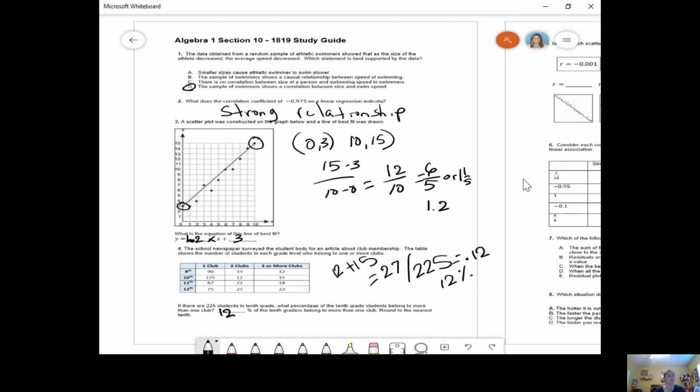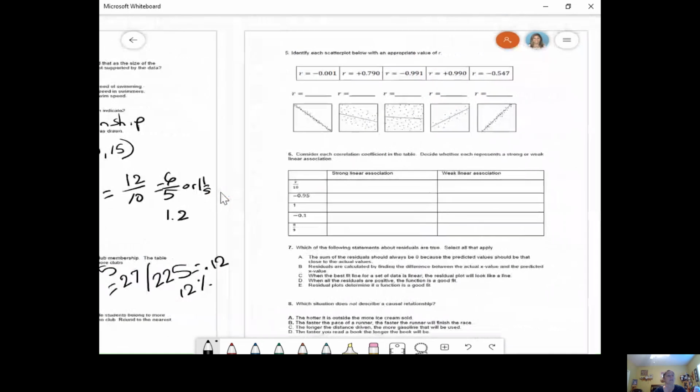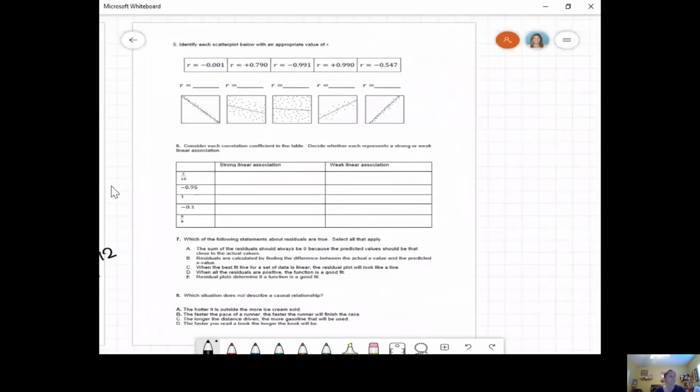All right. Moving on to number 5. Identify each scatter plot below with the appropriate value of r. So as you can see, the dots are real close to that line. It is a negative regression, so that would be negative 0.999.